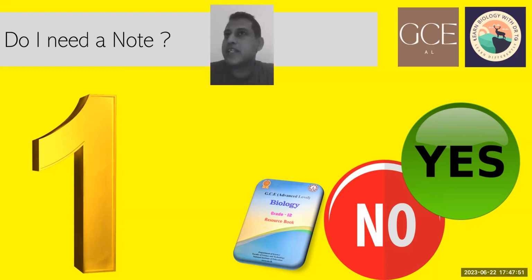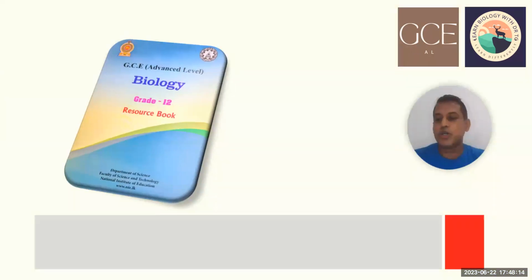Then why yes? I will explain why you need a note. Now note, it's a very important thing. If you make a note or a teacher makes a note, it should be made very carefully, because the resource book is your note. But there is a small issue with the resource book.